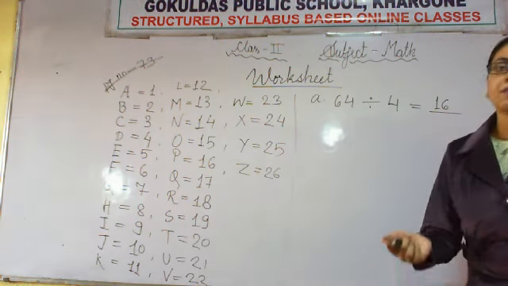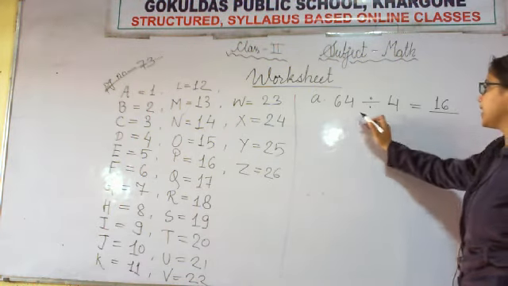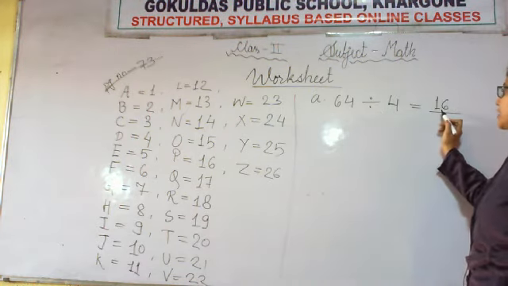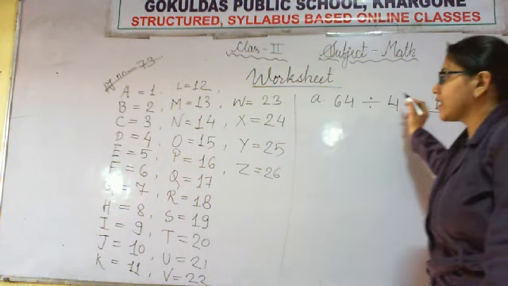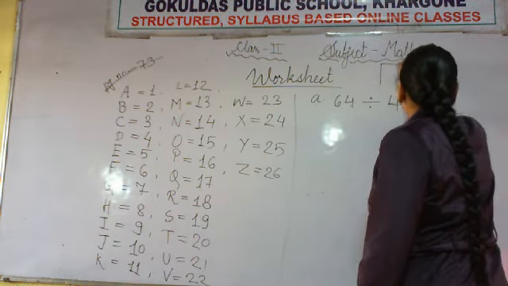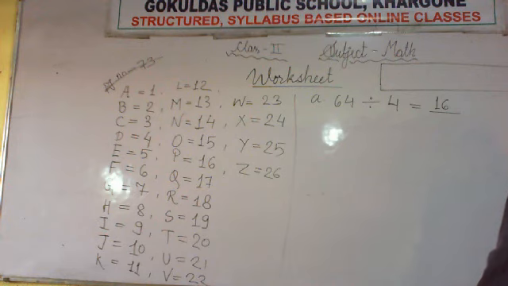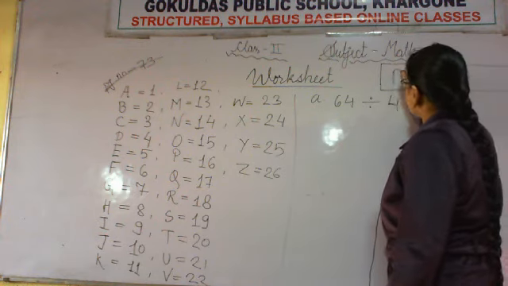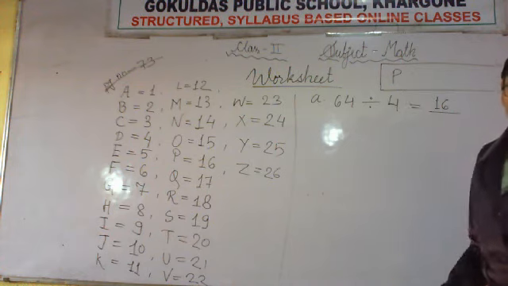So with the help of the relation between multiplication and division, we can say that 64 divided by 4 is equal to 16. So number 16 means P. Here I am writing the code. We will solve one question, and the respective code we will write here for the decoded answer.